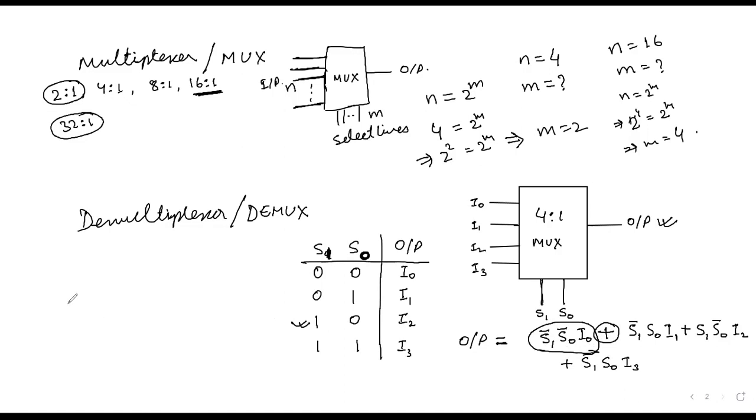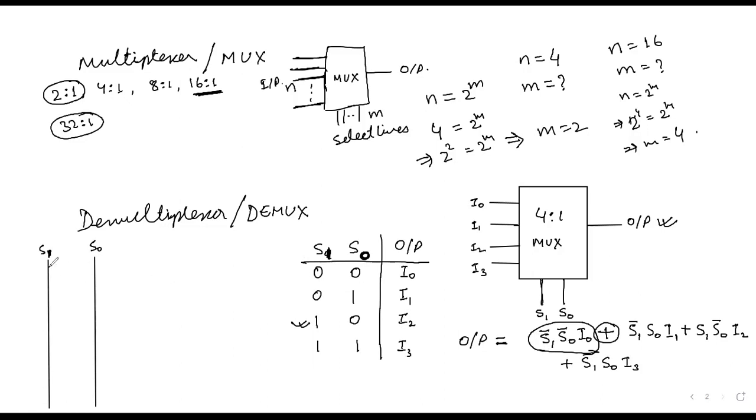Based upon the combination, as we have two input combinations, S1 and S0, I am taking two lines, one for S1 and second for S0. We also have S1 bar and S0 bar, so in the equation you can see that there is S1 bar and S0 bar also.